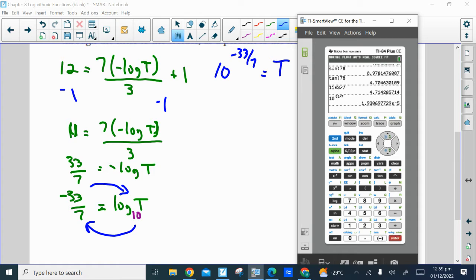Quite small. The calculator gives it in scientific notation, 1.93 times 10 to the negative 5. So 0 point and then 4 zeros, followed by 19306, etc. So that's as a decimal. To change it to a percent, we multiply it by 100.